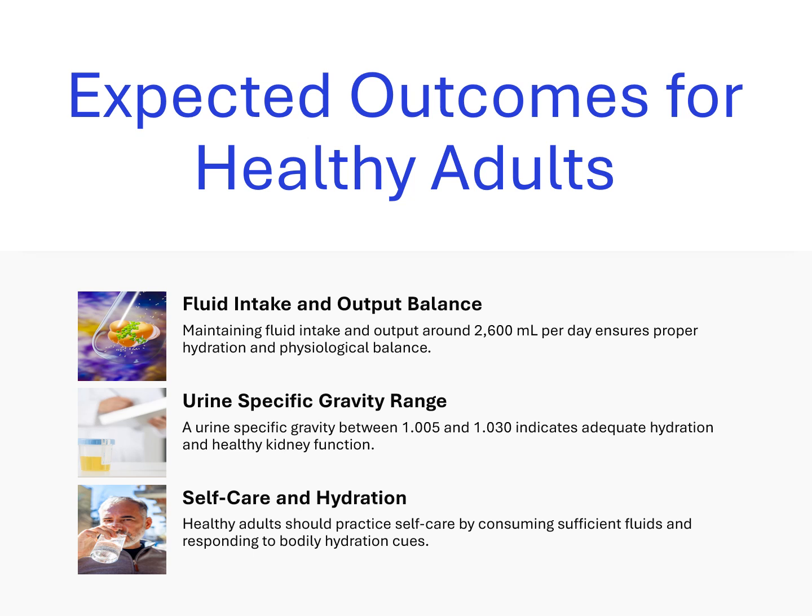Remember, it's about 2,600 total per day, and you want to check over a 3-day period to have a more accurate picture. Another key indicator is maintaining a urine specific gravity within the normal range. And we said it was 1.005 to 1.030, which reflects that there's adequate hydration and kidney function.